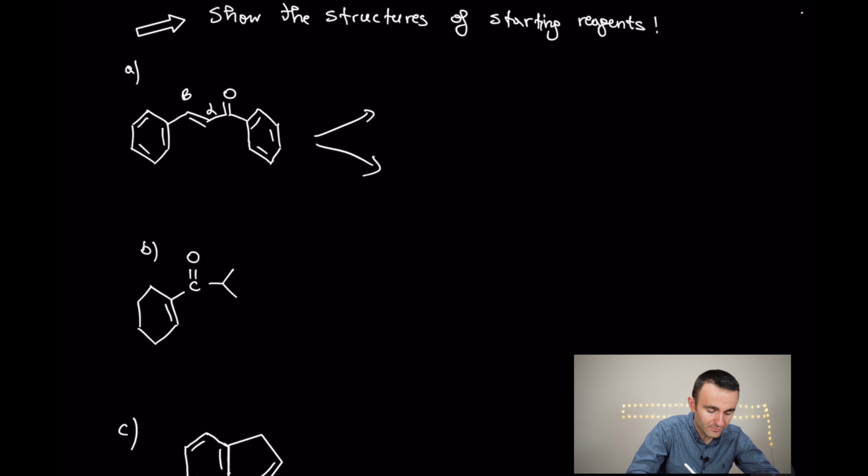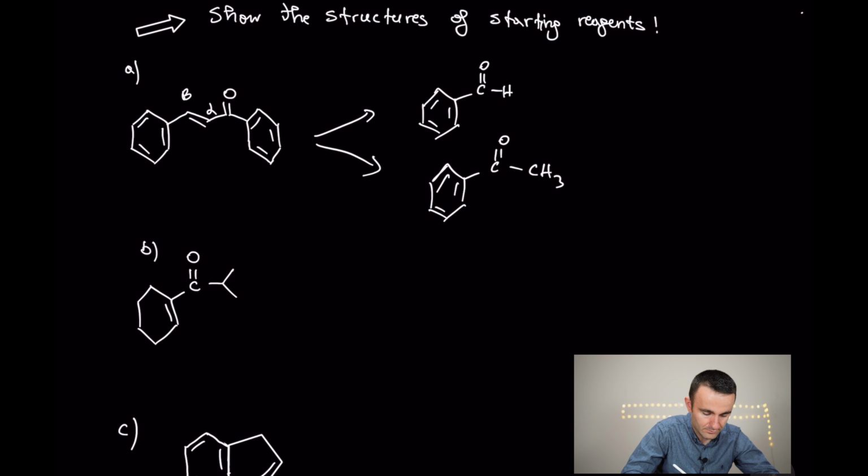So the starting materials should have been benzaldehyde plus what remains, acetophenone, right? So those two, how are they connected? They are connected in this way to give this product.